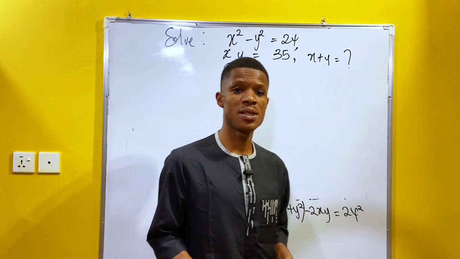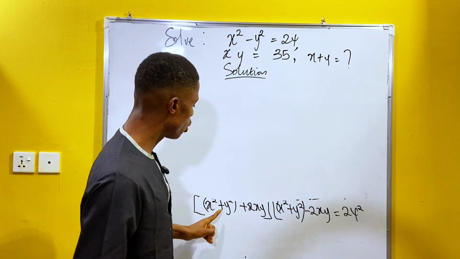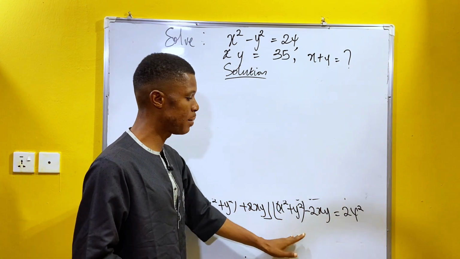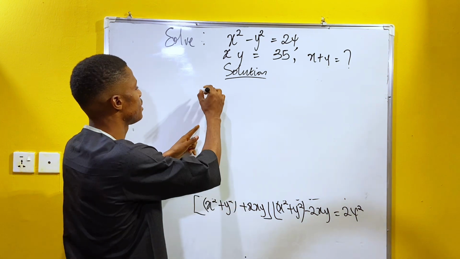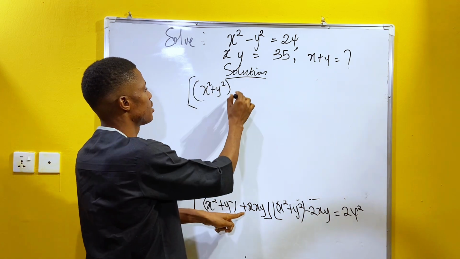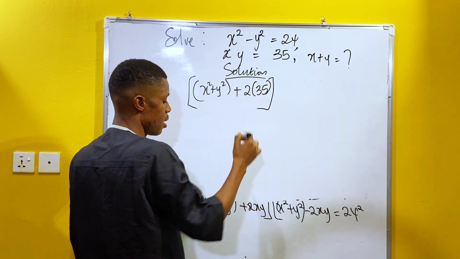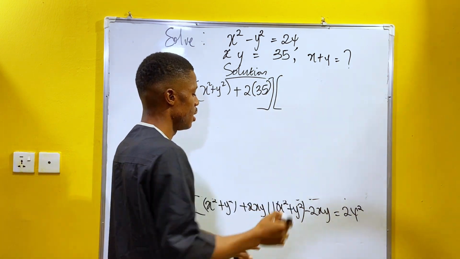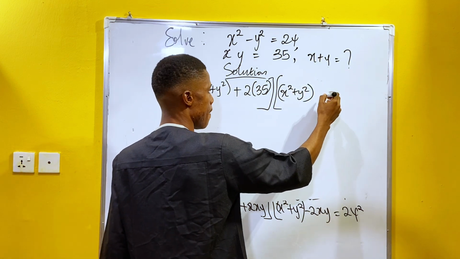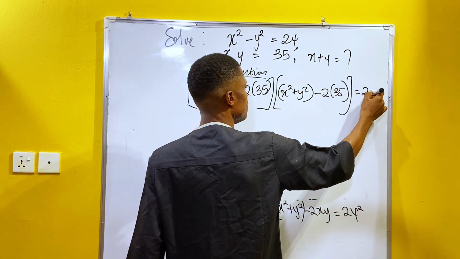That's what we have here. From the second equation, we are told that xy is equal to 35. So we are going to replace xy with 35 in this particular equation. We write it as x squared plus y squared plus 2 into 35, then we have another one times x squared plus y squared minus 2 into 35, is equal to 24 squared.